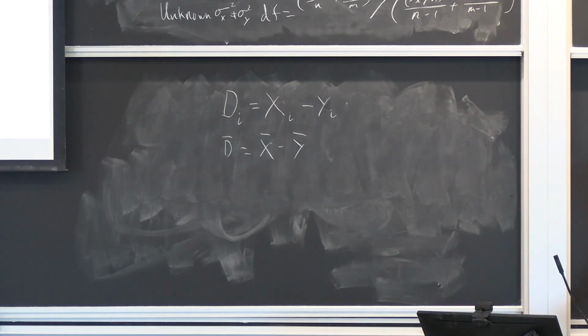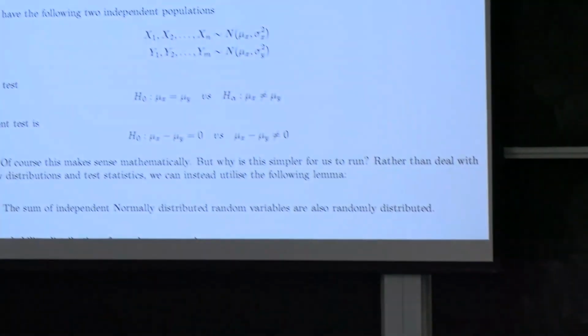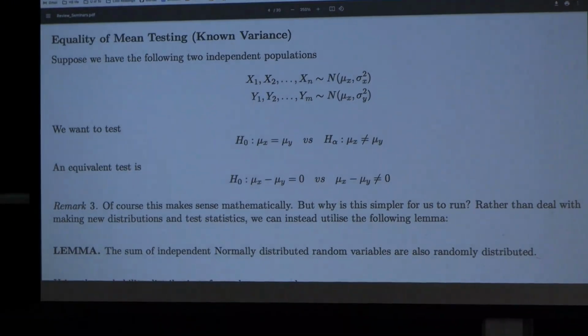Well, it's because if we scroll all the way up, the thing that we needed for equality of variance and equality of mean was the idea of independent populations. These populations are clearly not independent. I even mentioned earlier, they could be from the same hospital, could be the same patients, just before and after some treatment.